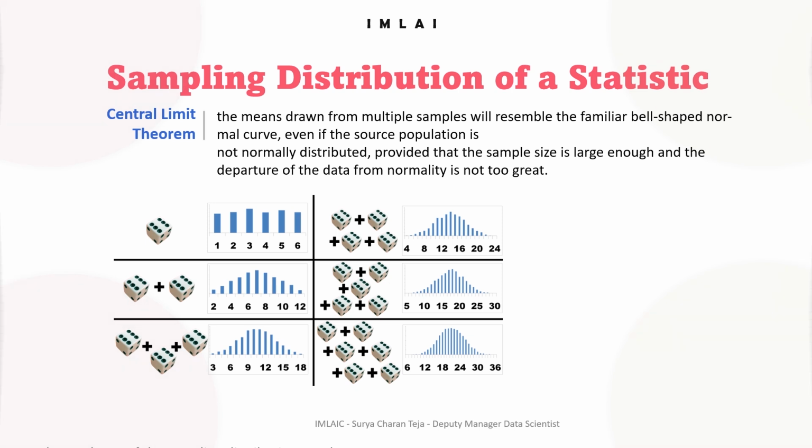That's what the central limit theorem says, and that's what you can see on the screen. So when n increases, the distribution will become more and more normal. See that? The spread of the distributions will decrease. From here, we reached here.